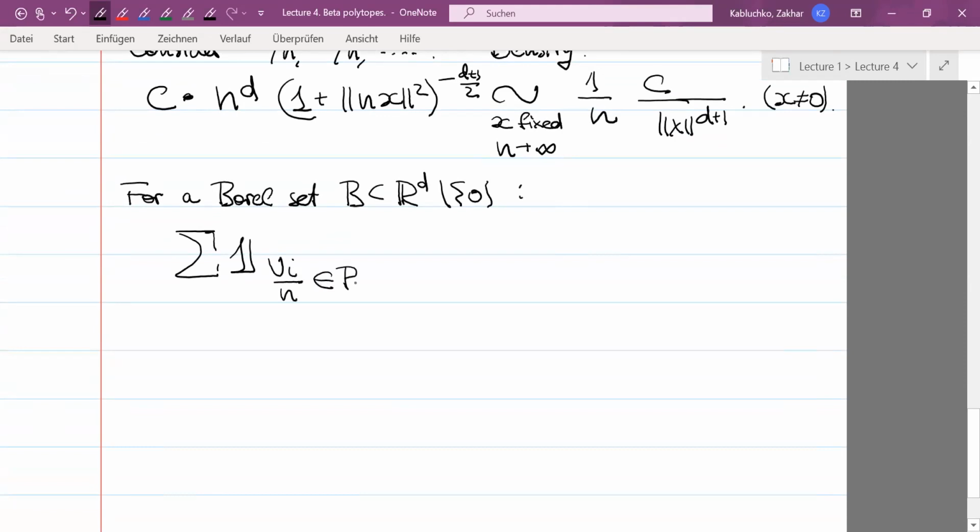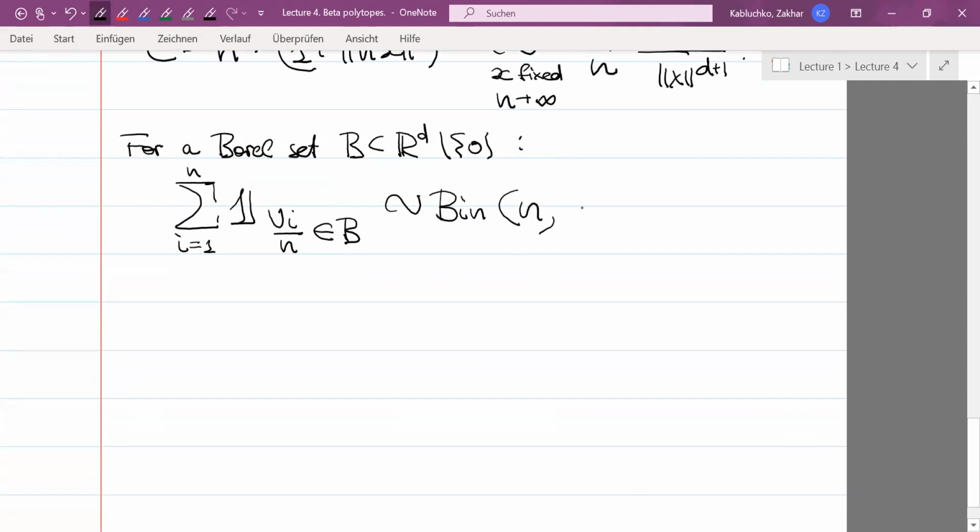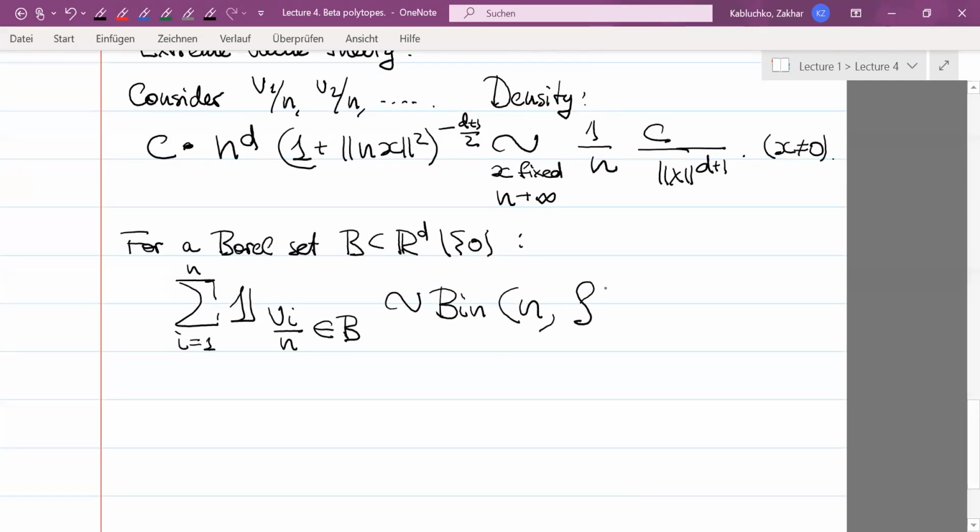So the number of points V_i over n which are there, i from 1 to n, has the binomial distribution with parameters n, because we have n points, and each point is in this set with the probability, which is the integral over this density, right? I will write 1 over n times the integral over B of c over norm of x to the power d plus 1 dx.